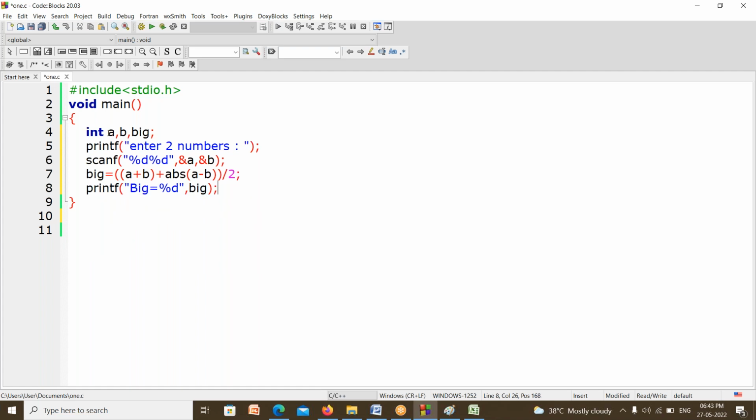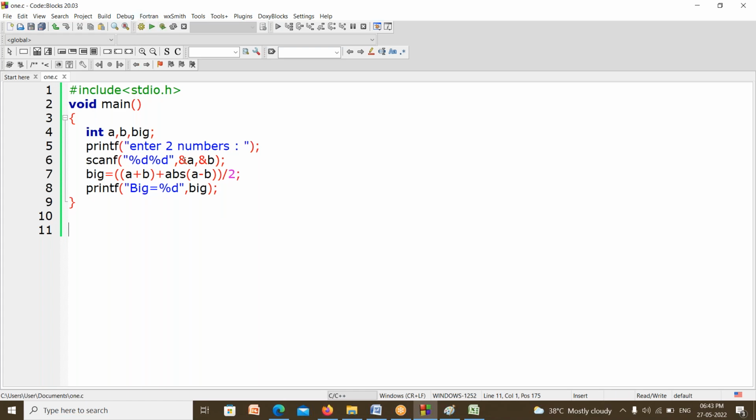See this. We have to read two numbers and find big. So I created three variables. I asked to enter two numbers, and you type two numbers. Now we have to find the big number. There is a formula to find the big number between two numbers. What is the formula? (A plus B plus absolute of A minus B) whole by 2. Now you got the big number and print it.